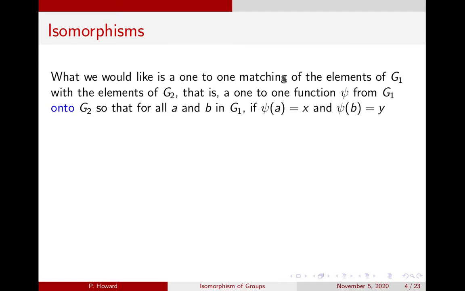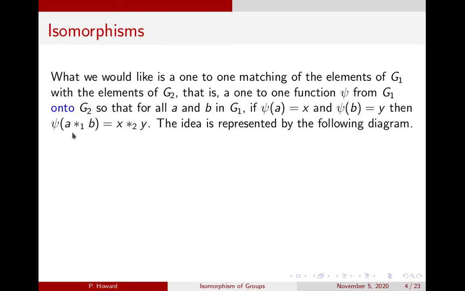So it's a one-to-one matching of the elements of the two groups, G1 and G2. In other words, it's a one-to-one function, I'm calling it psi, from G1 onto G2, so that for all A and B in G1, if psi matches A with X and matches B with Y, then psi matches A star 1 B with X star 2 Y.